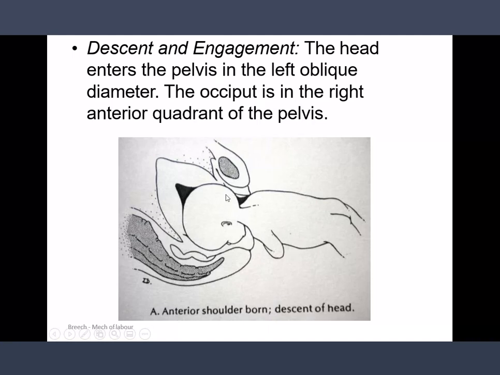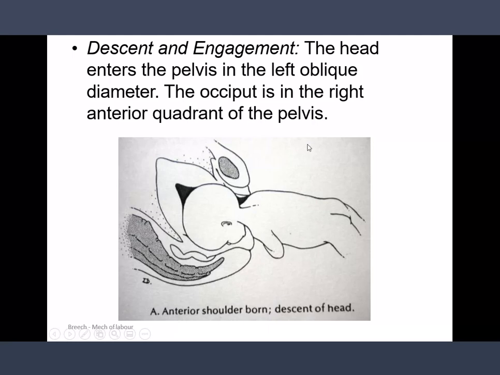So the engaging diameter in breech presentation is suboccipito-frontal, and the diameter of engagement of the pelvis is the opposite oblique diameter. Suppose it is left sacro-anterior, it will engage in the right oblique diameter. So it engages in the direction opposite to the buttocks and shoulders.